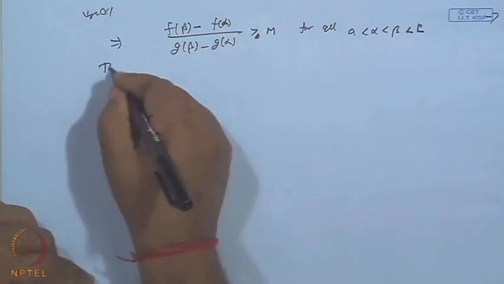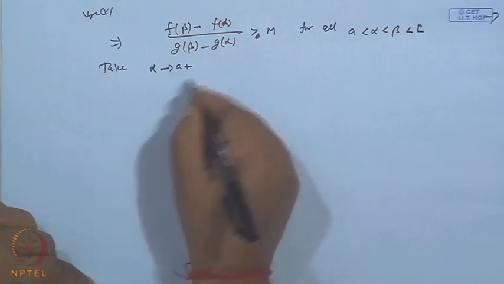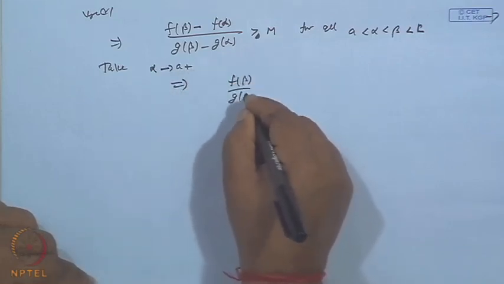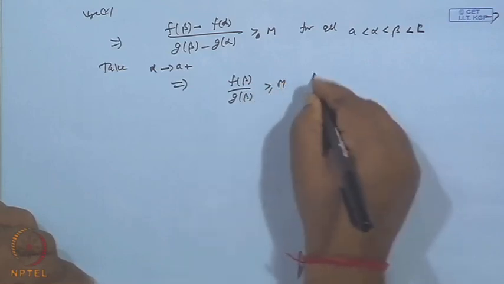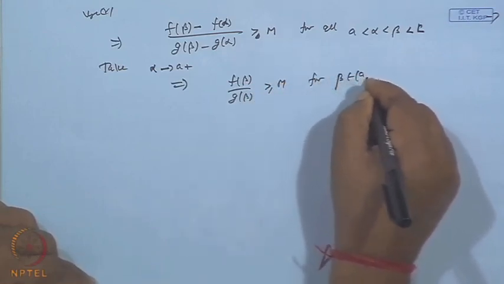So, take the limit as alpha tends to a plus, and immediately we get f beta over g beta is greater than or equal to m for all betas belonging to (a, C).